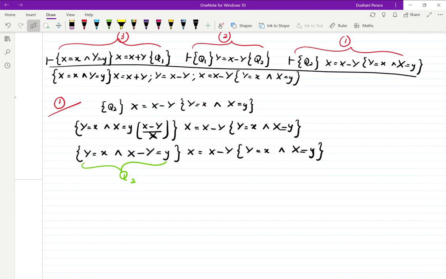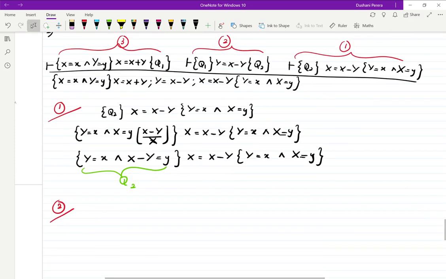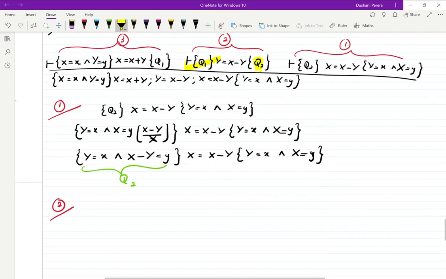So Q2 is the precondition of the first Hoare triple, and it will be the post condition of the second Hoare triple. So now I'll go to number 2, and in number 2 I know what this is. Since I know that, I can find what this is. Once I find that, I'm going to apply that here, and then I'll be checking if this will be the resulting precondition.